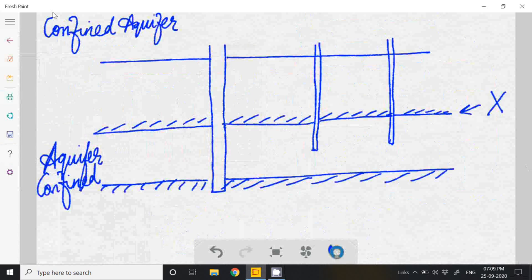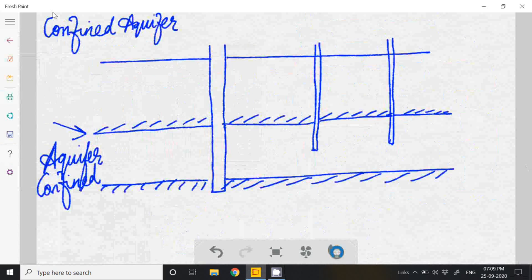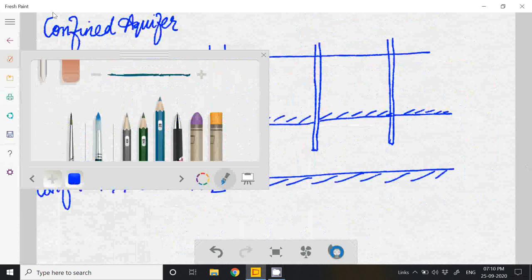In the first one this layer was not present, so it was unconfined. In the second one this layer is present, so it is confined.